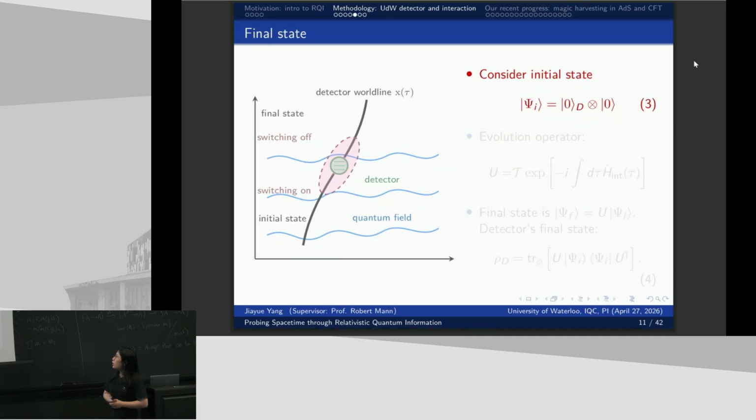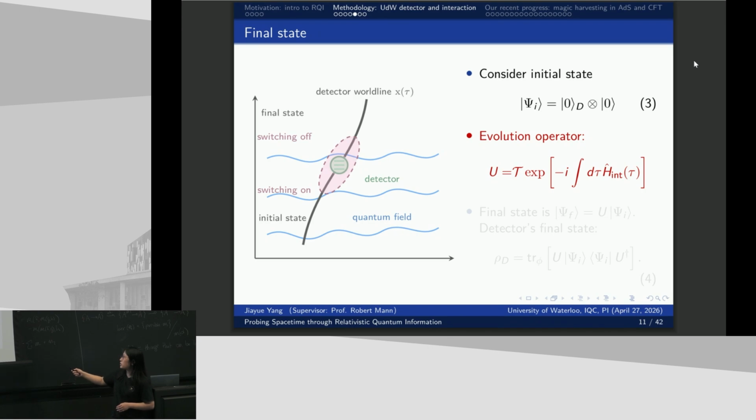For a simple starting point, you will consider a detector in the ground state, denoted by ket 0_D, and the vacuum state of your quantum field, denoted by ket 0. You use the evolution operator, which is determined by the interaction Hamiltonian we introduced before.